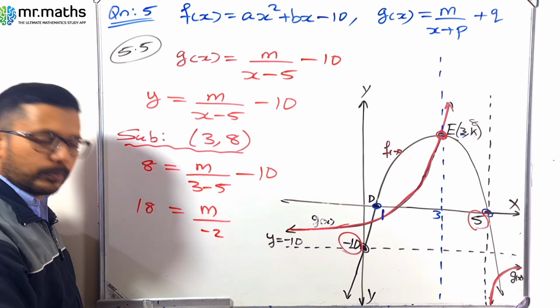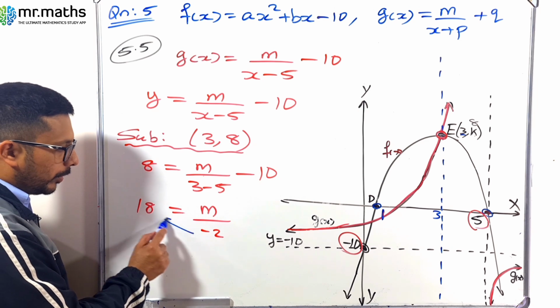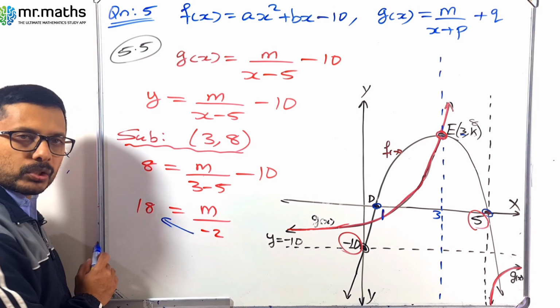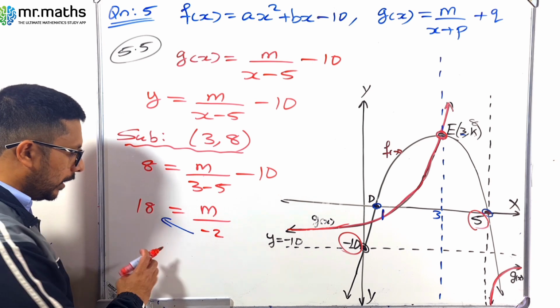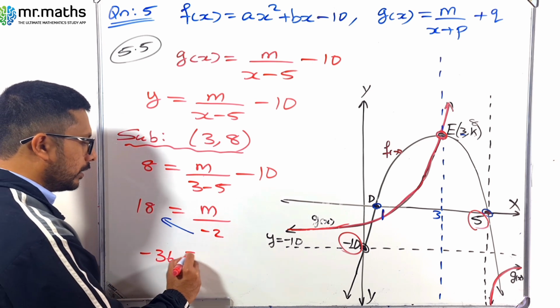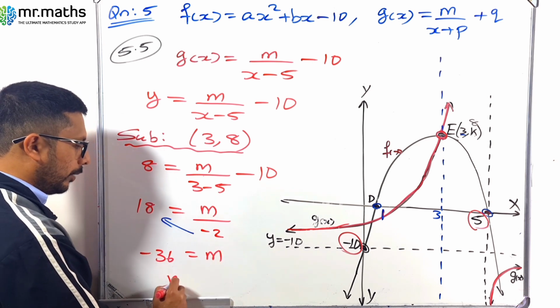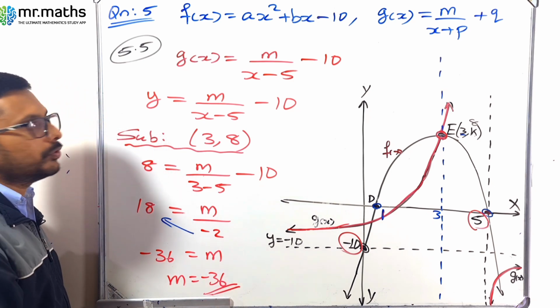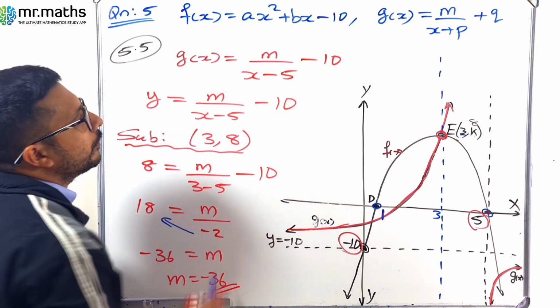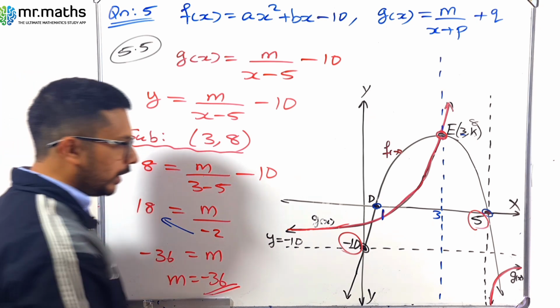Now what is the next step? You have to cross multiply this one. So 18 into minus 2 is minus 36. So minus 36 is equal to m, or m is equal to minus 36. So now what is the equation of g of x? Now we can write the value of m as minus 36.